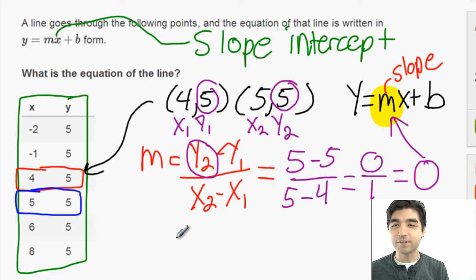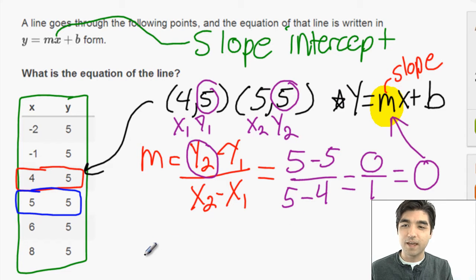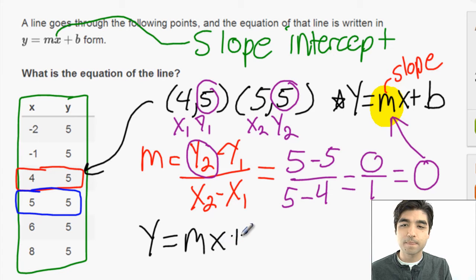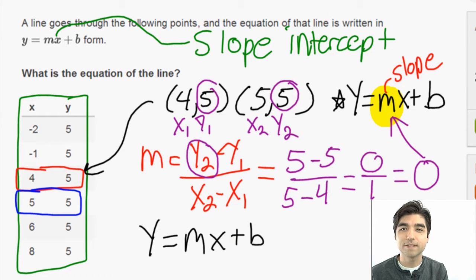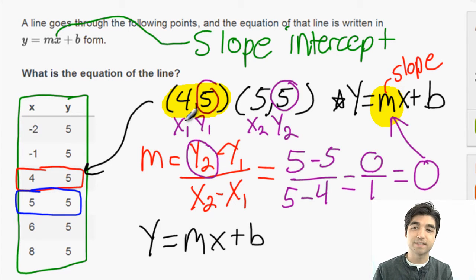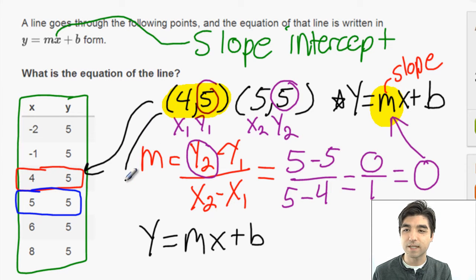So the b value, here's what we're going to do. We're going to take this equation again, and we're going to rewrite it. Then we are going to take one of these points. I'm going to use this point here, 4, 5. The first number is the x value, the second number is the y value. So you're going to take those numbers and put them into the equation.